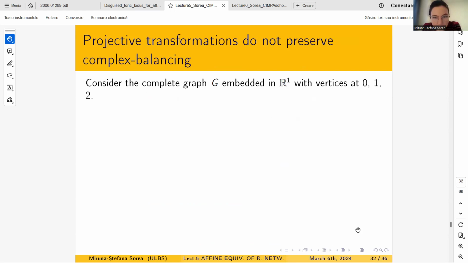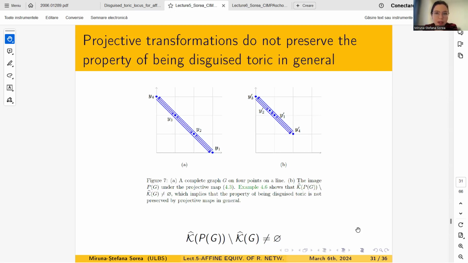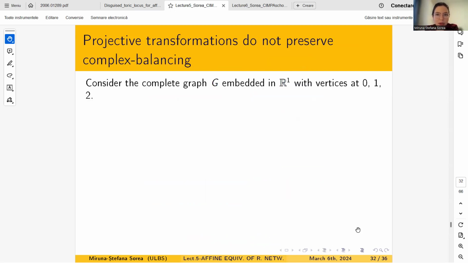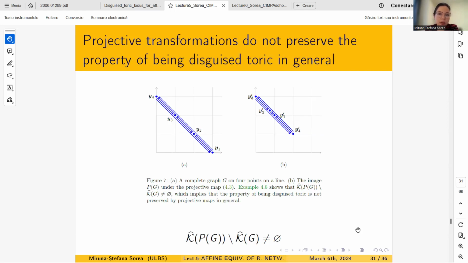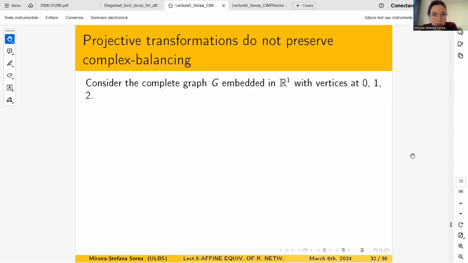Now, what happens? Here in general, for disguised toric, but what happens with complex balancing, more in particular? Here it was dynamically equivalent to complex balancing for disguised toric, but what about precisely complex balancing? Now, in this example, I didn't draw a picture.